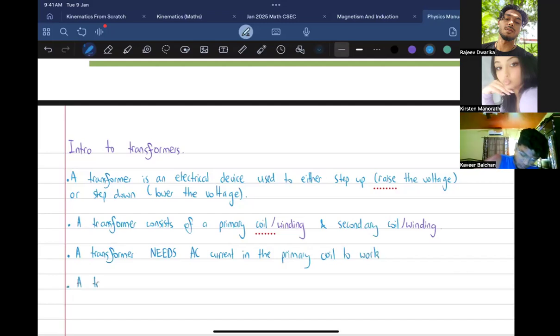A transformer works on the principle of mutual induction.